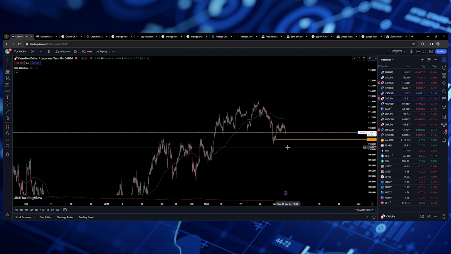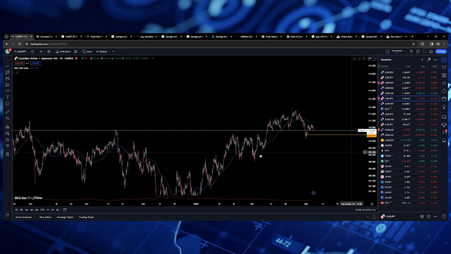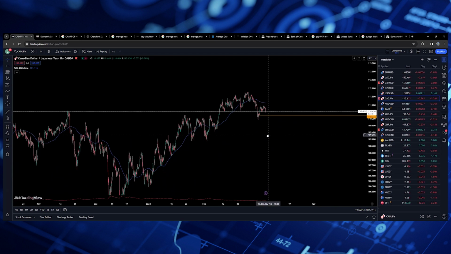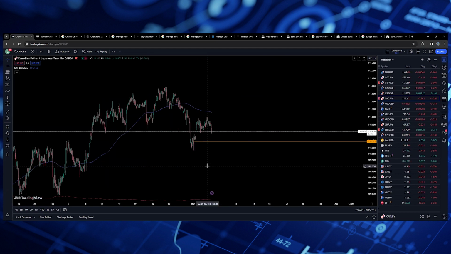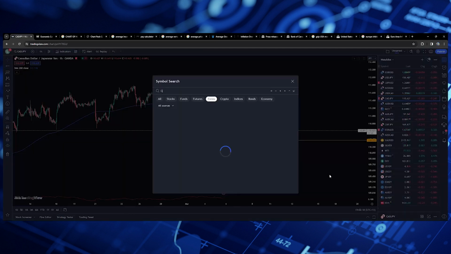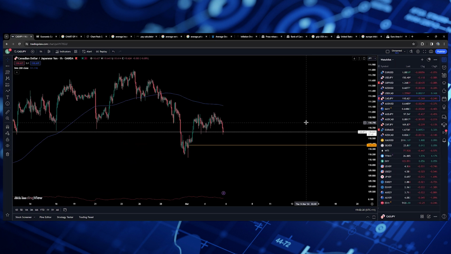All right, it's stronger. So it's a risk trade, man. I would try to allocate my portfolio in other asset classes, but why do you want to trade CAD JPY?